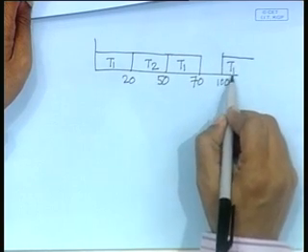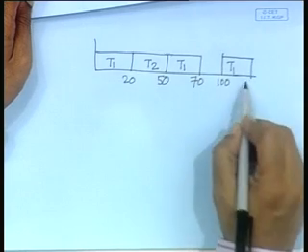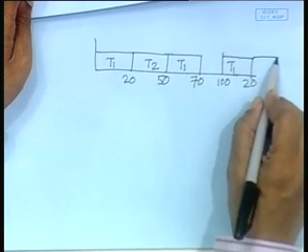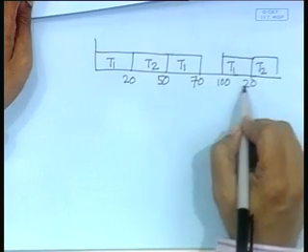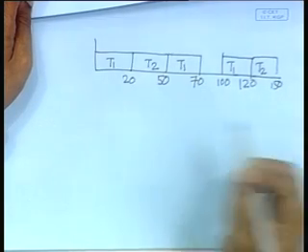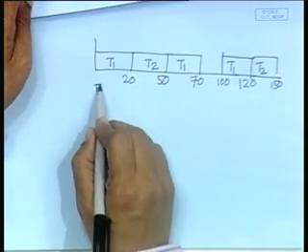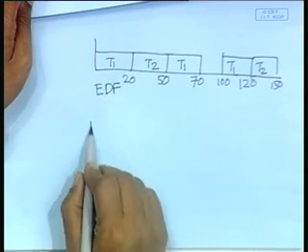So, T1 will run and then at 120 T2 will run, from 120 to 150. So, this is the EDF. Now, let us try the RMA.